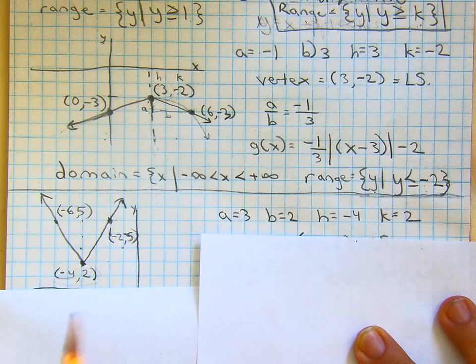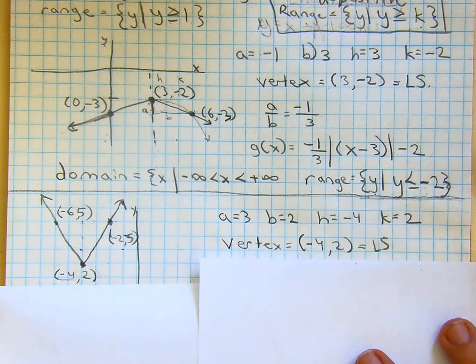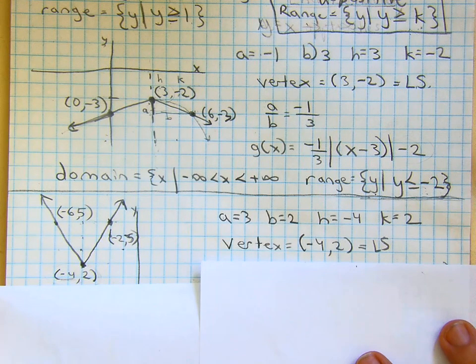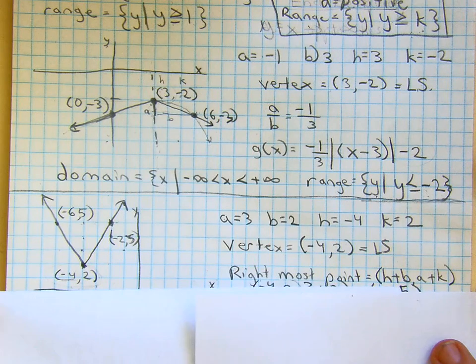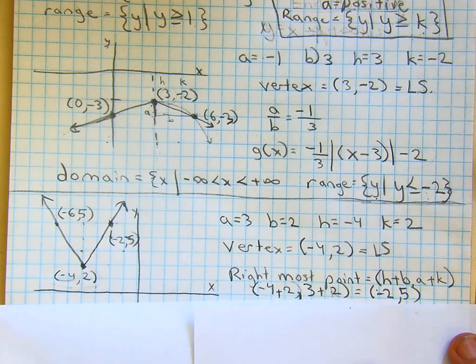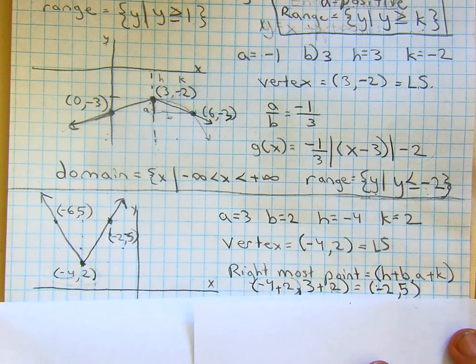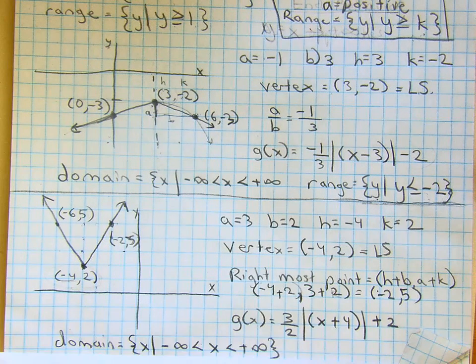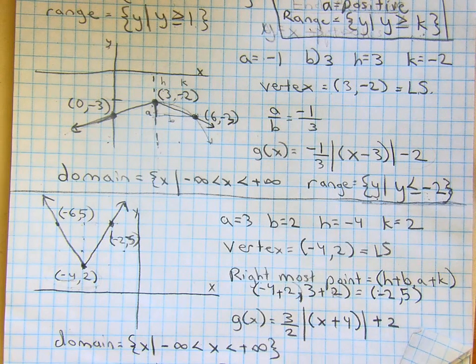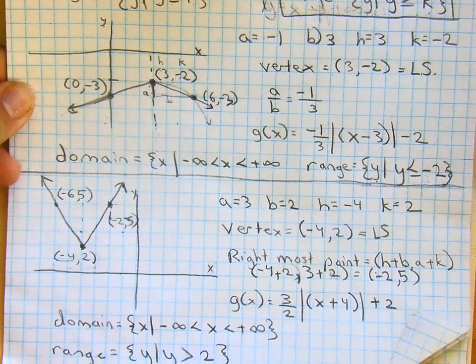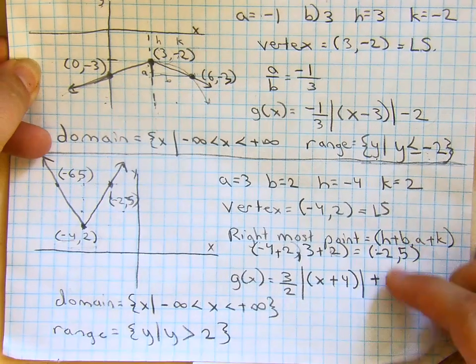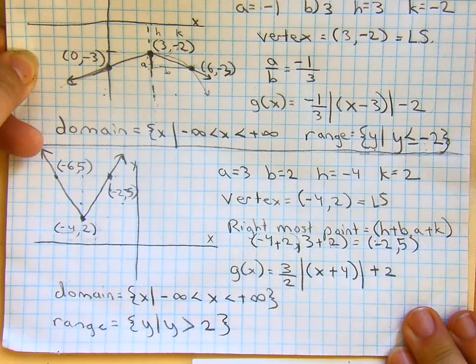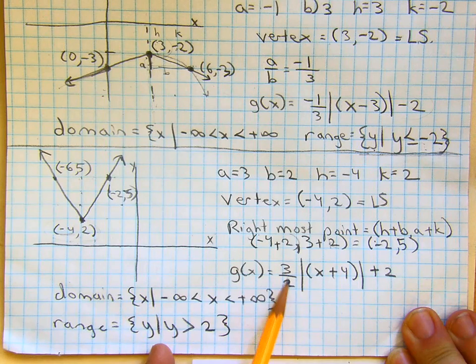H is -4, k is 2. So there's my vertex, my rightmost point, doing the math for that information there. And thus my equation, a and b.